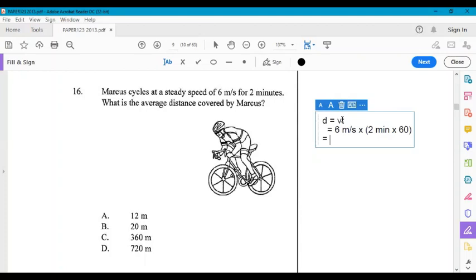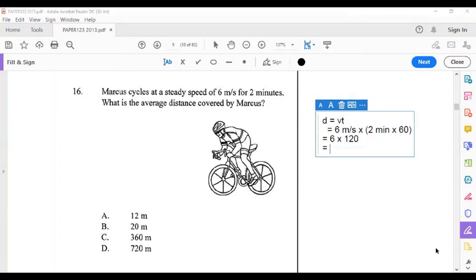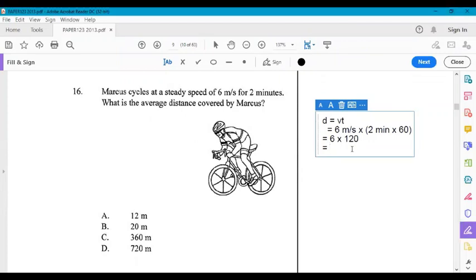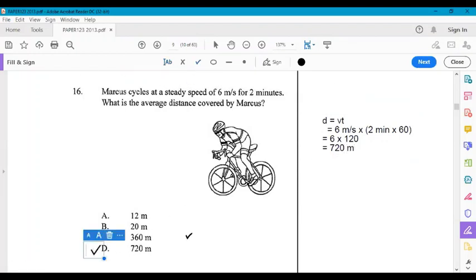So simplifying, I'm going to get 6 multiplied by 2 times 60, which is 120. 6 times 120 is going to give us 720 meters. Okay, and so our answer is right here. Our answer is D.